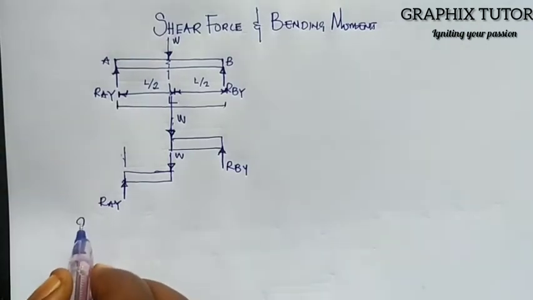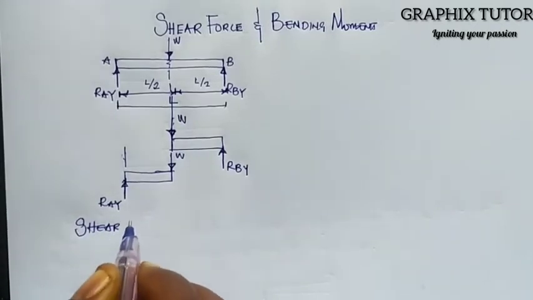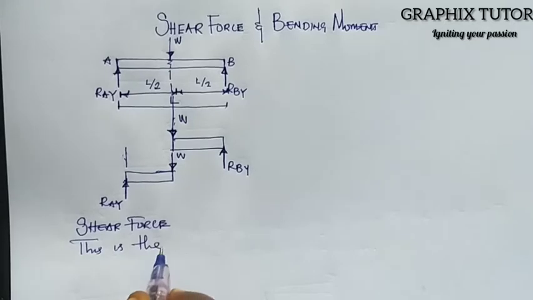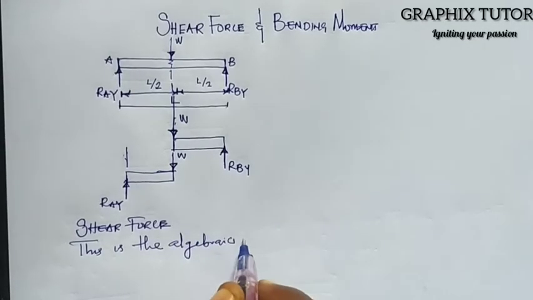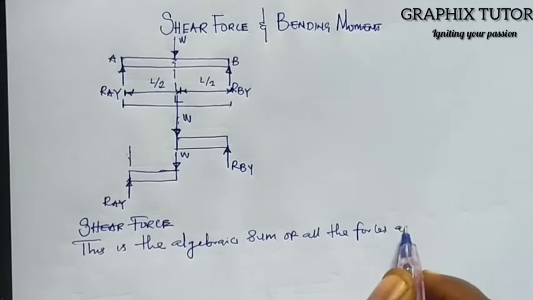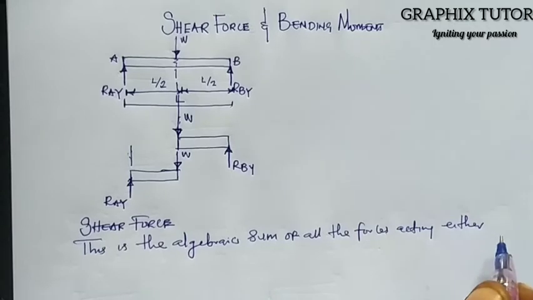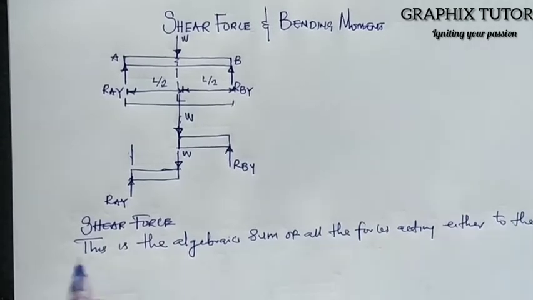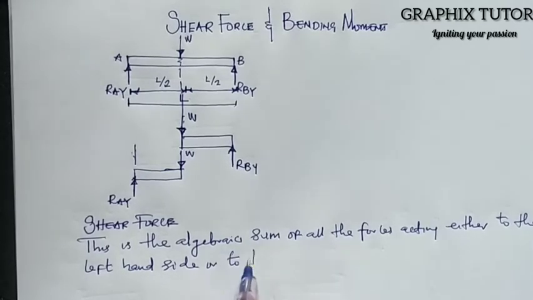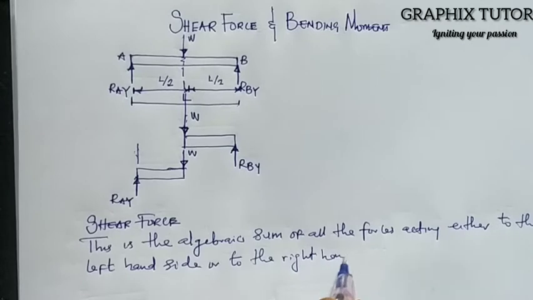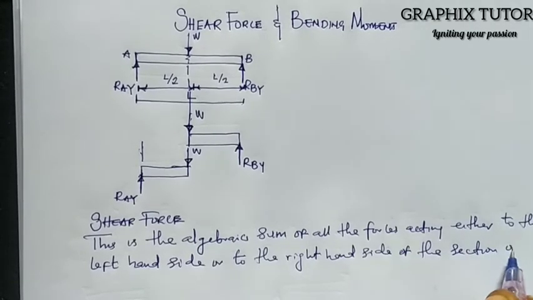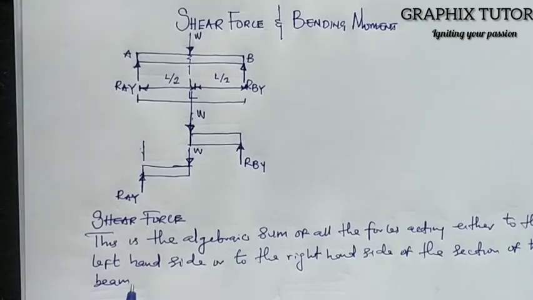Now the beam has been broken into two different halves. So we say the shear force, which we can call the breaking force, is the algebraic sum of all the forces acting either to the left hand side or to the right hand side of the section of the beam, right?